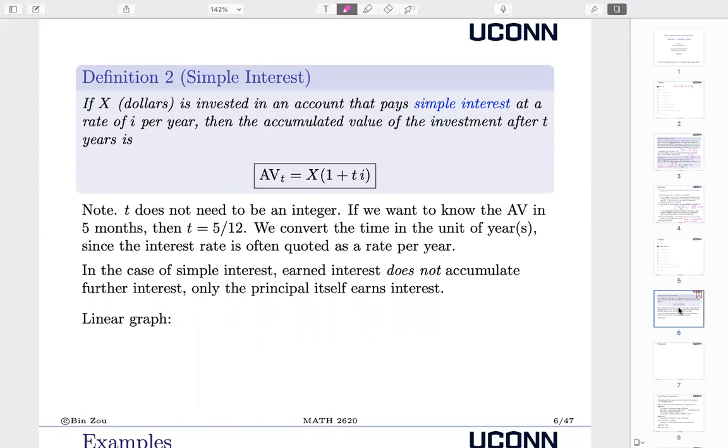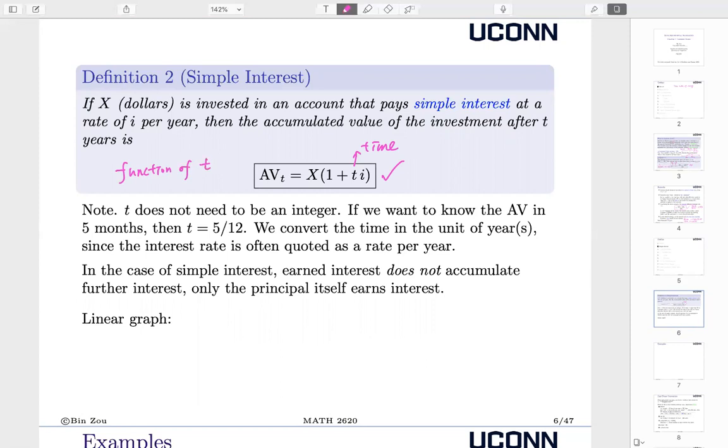And that's calculated according to this formula. So this is very simple. It's simply a linear function, right, with respect to time. So AV is a function of t. So the left-hand side is a function of t.